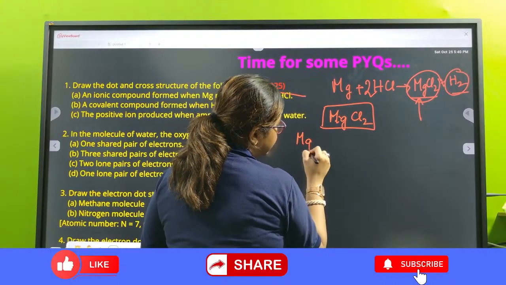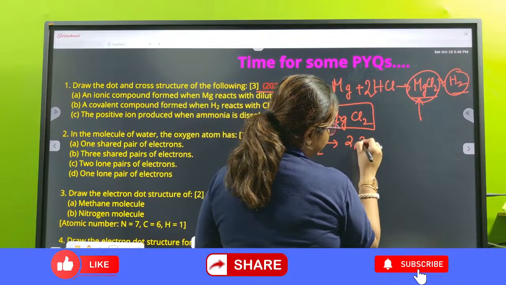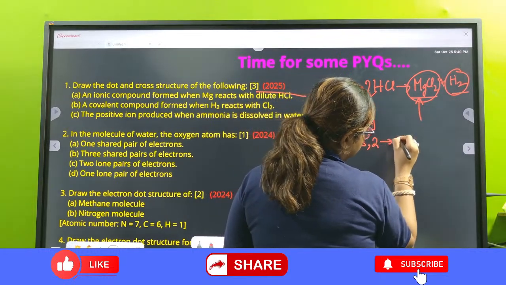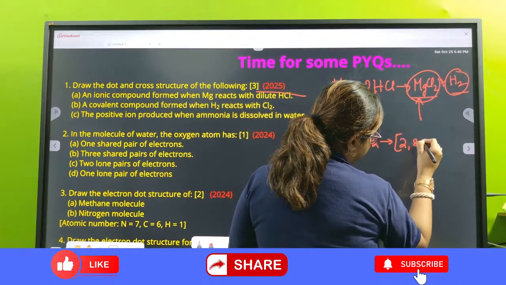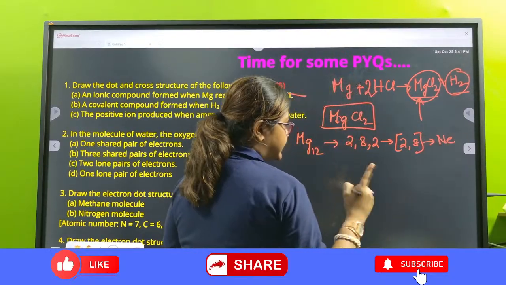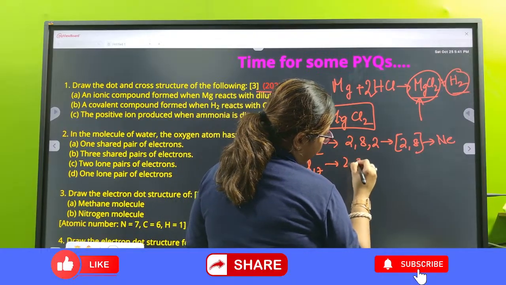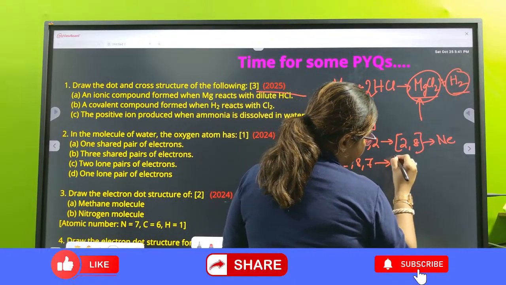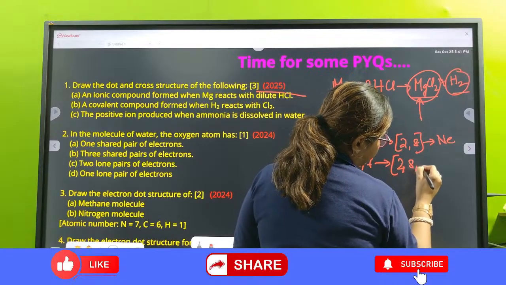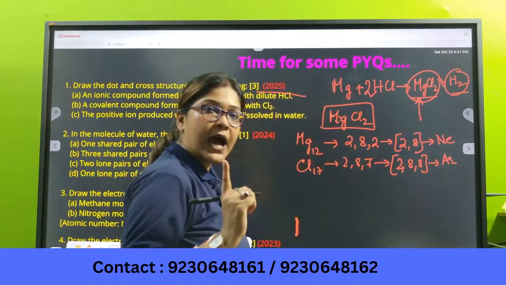So it's easy. I have already shown magnesium 12, so 2, 8, 2, and it will lose 2 electrons to reach the noble gas neon. Chlorine has 17, 2, 8, 7. It will try to gain one electron to reach the electronic state of the noble gas argon.